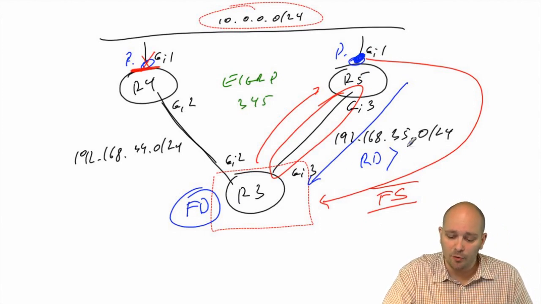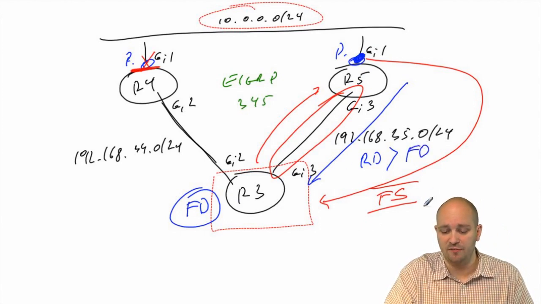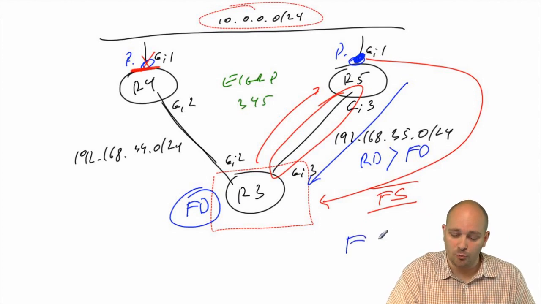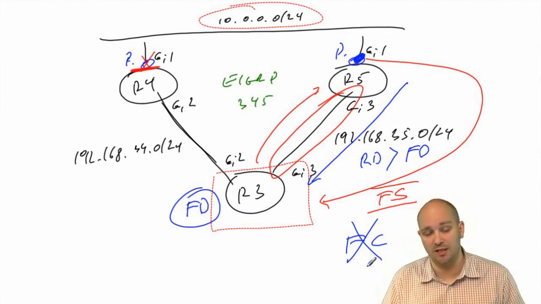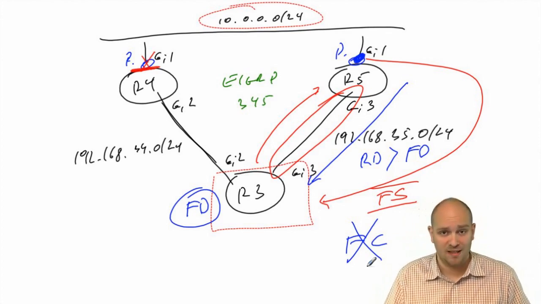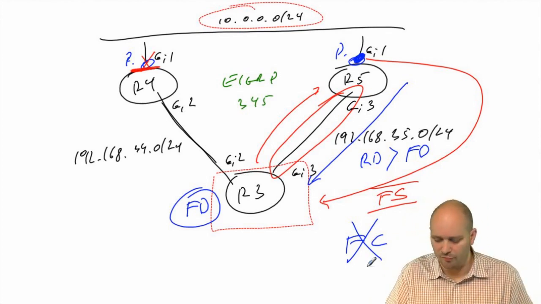So if reported distance is higher than the feasible distance, we know that the feasibility condition is not going to succeed. Let's go ahead and confirm that.